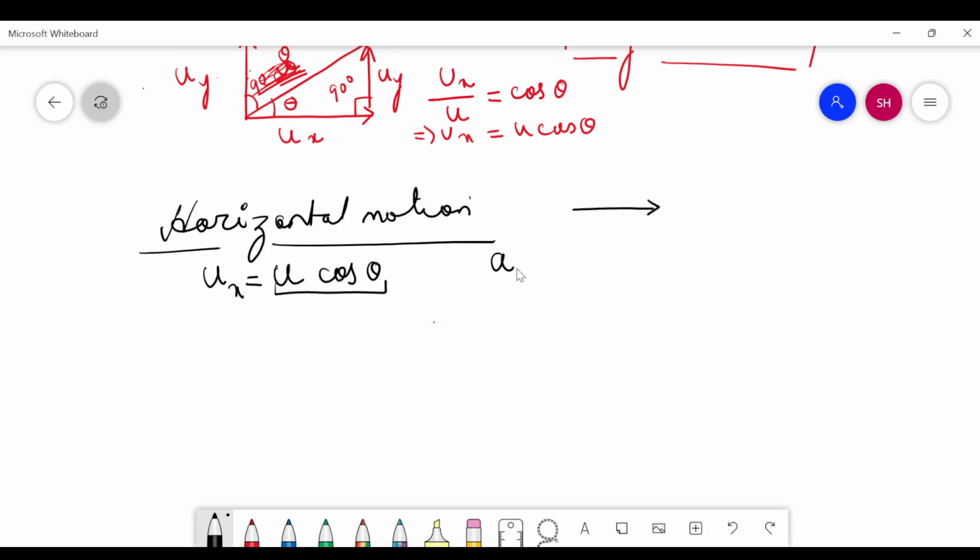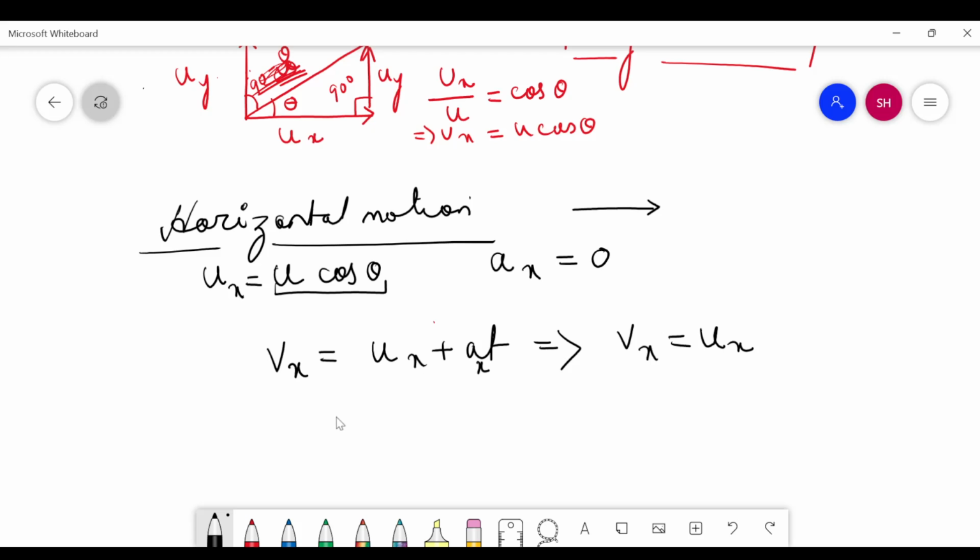Hence, acceleration in the x direction is equal to 0 because there is no acceleration component in the x direction. Hence, if we take any point of time t, vx will be just ux plus ax t. Here ax is equal to 0. Hence, vx will always be equal to ux.